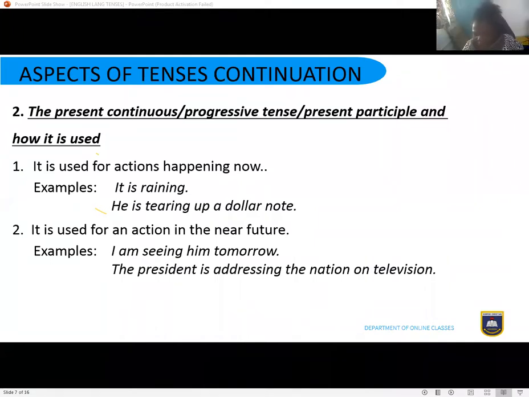Okay, now the verb here, what tense is it? Is it in the past tense? Is it in the present continuous or what?